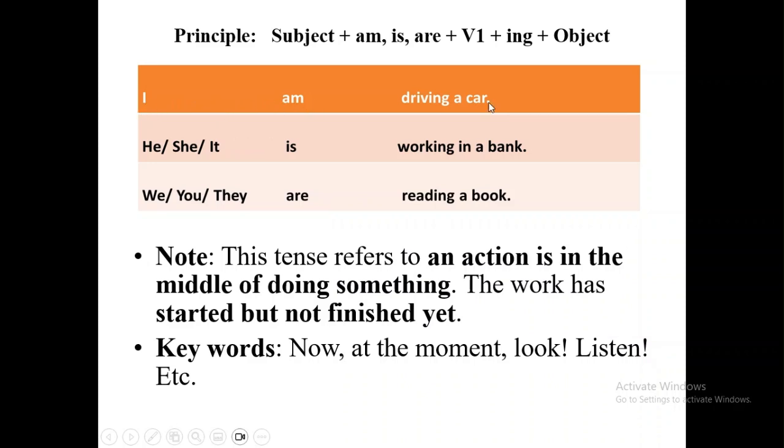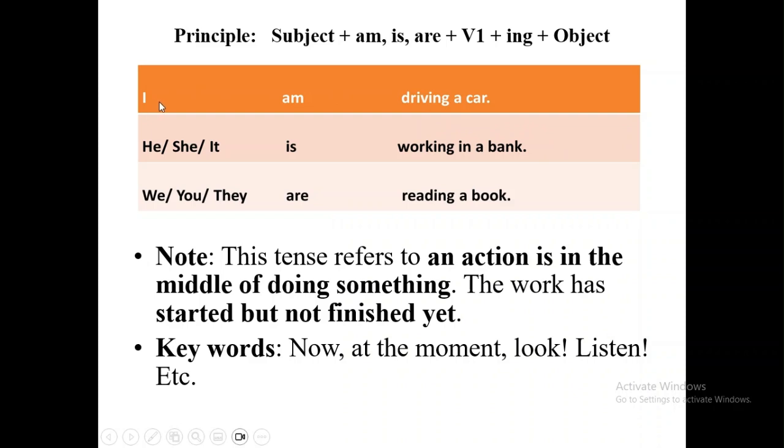I am driving a car. See, I is the subject, am is the helping verb, drive plus ing form is driving, and the object is a car.